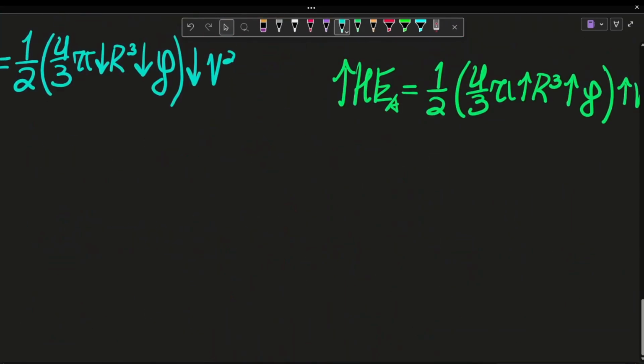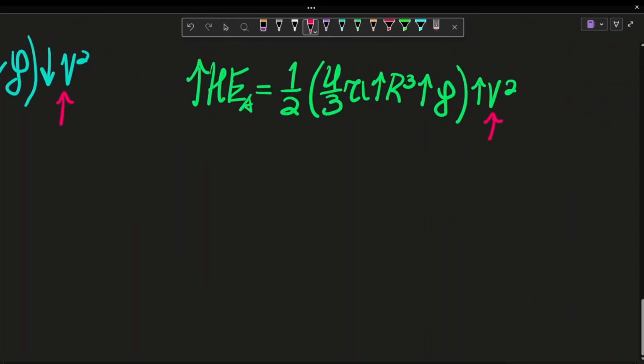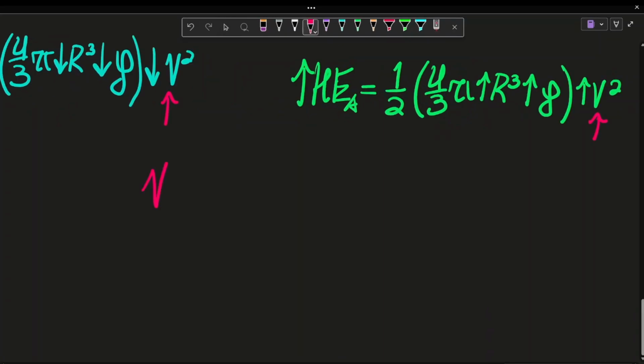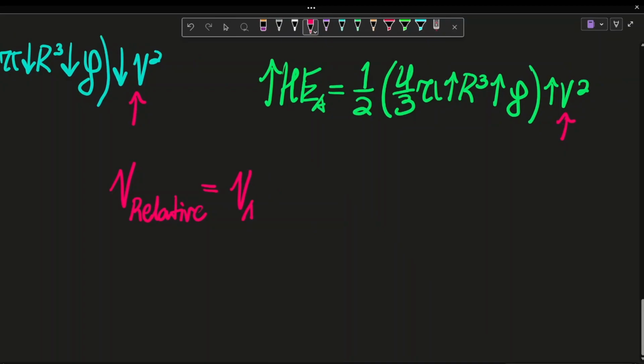The velocity we're actually getting, you can write this in red, is going to be relative, so v relative. And this would be either the sum or difference of both velocities, so plus or minus the velocity of the Earth and the asteroid.